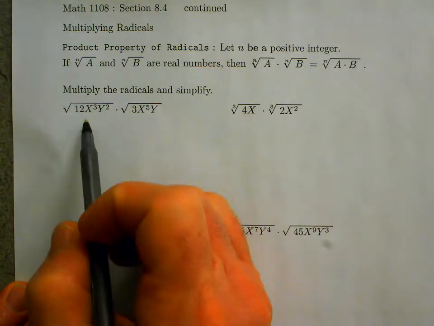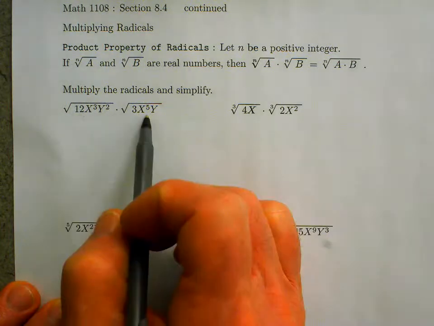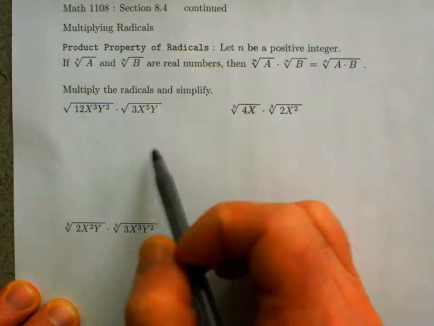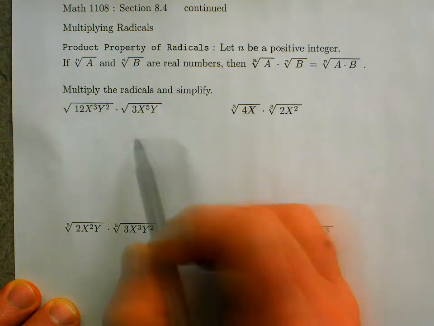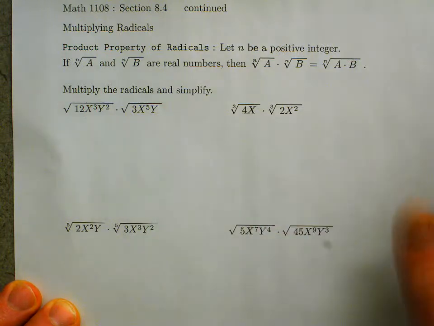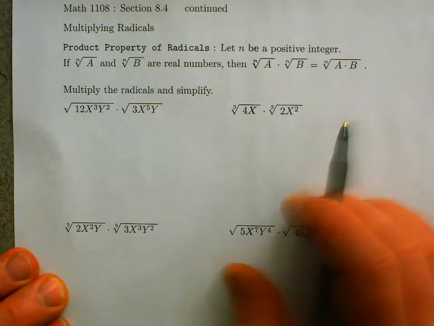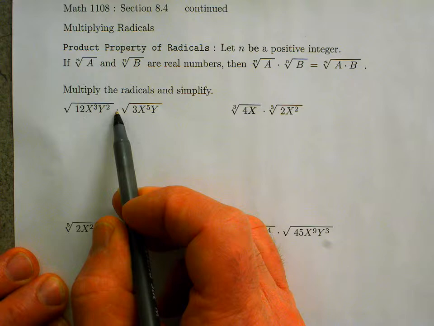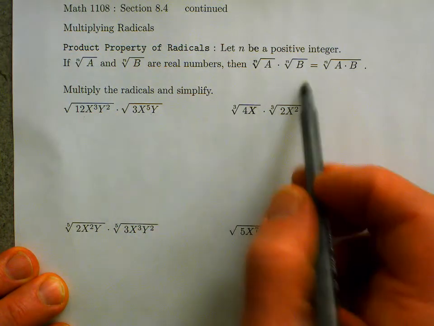So one option is to simplify each of the two square roots and then multiply the two square roots after that, and then simplify the product of the square roots. I think the easier way is to first multiply the two radicals by using this property.